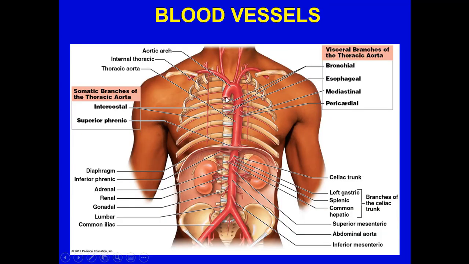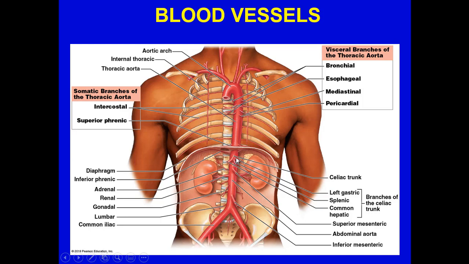So moving from the aortic arch here, we start going down. You will have the visceral branches of the thoracic aorta, which include the bronchial, esophageal, mediastinal, and the pericardial. This is the dividing line, folks, to keep in mind. This is your diaphragm, okay? As a result, you have the intercostal arteries here. You have the superior phrenic, which kind of sits on top of the diaphragm here.